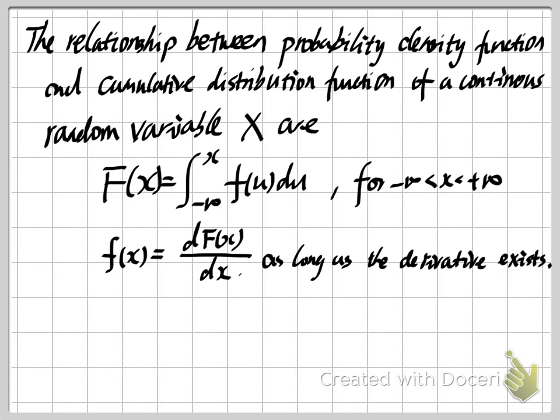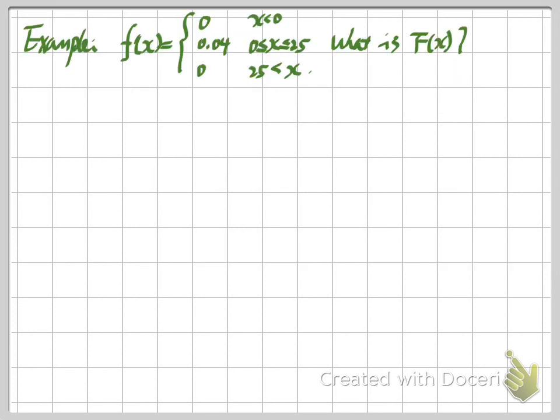Now let's look at one example. In this example, we have a defined probability density function. This is actually a step function, so the value of this PDF depends on the value of x.